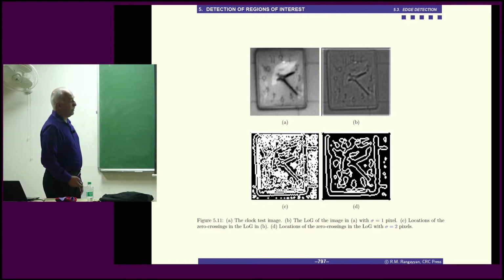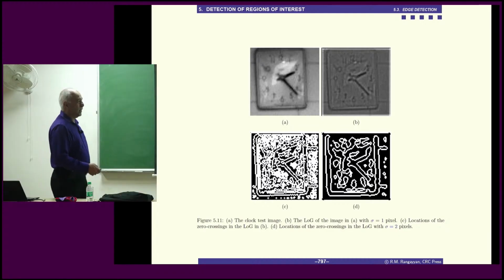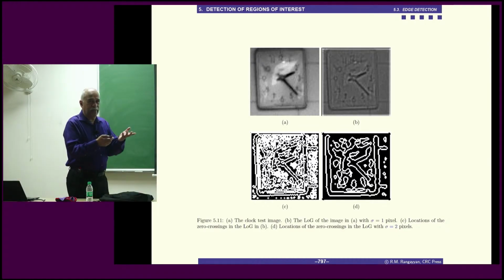This is perhaps a better example, the clock image, Laplacian of Gaussian. Now Laplacian of Gaussian has both positive and negative values, so you need to display it with scaling. That's why it looks dull, and its dynamic range is compressed to 0 to 255.